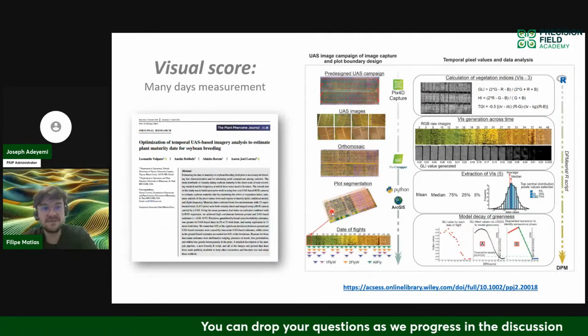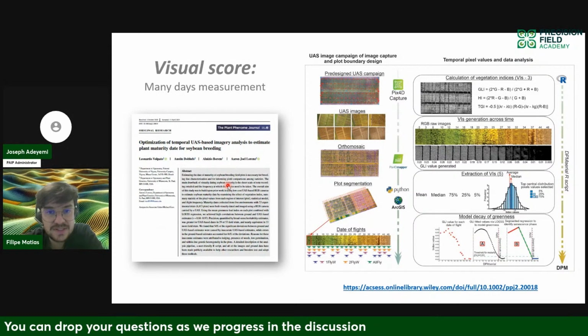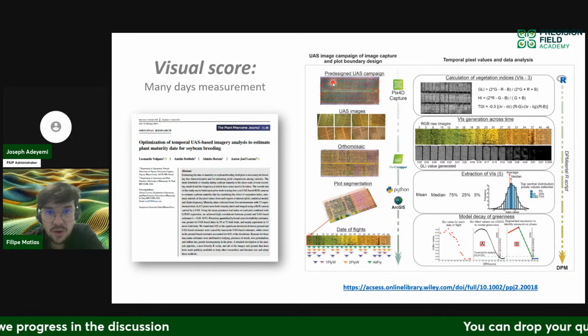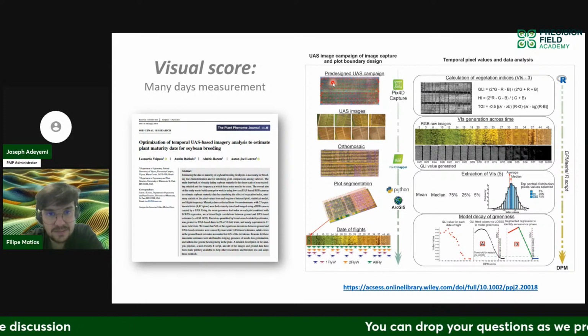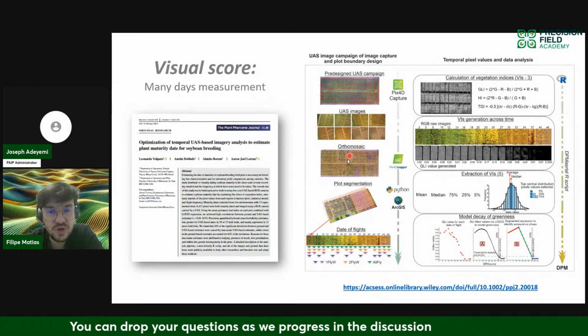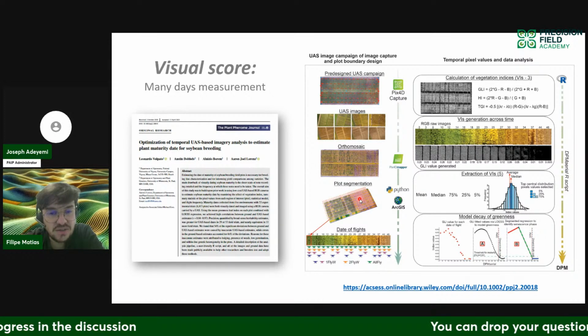This is a very nice paper showing how to do it for soybeans, for example. This paper basically shows how the pipeline would be. You start by collecting the images using UAVs, and then you create the orthomosaic, and then you create the grid shape file, which is the plot identification.